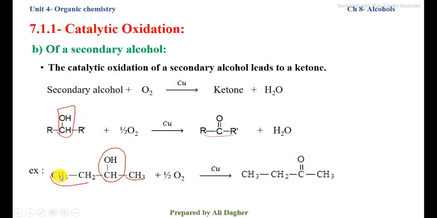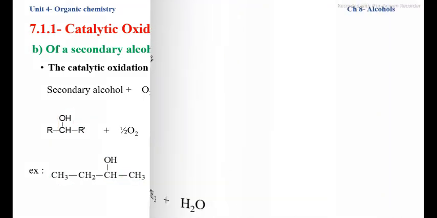And we balance: we have 3, 2, 5, 6, 7, 10 hydrogen in reactants and 3, 2, 5, 3, 8 in products. We need 2 hydrogen as H2O, and we have 2 oxygen in product, one oxygen in reactant, so we multiply O2 by half to have 2 oxygen in reactants.